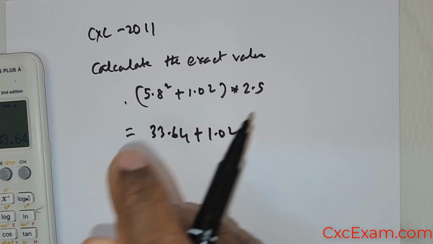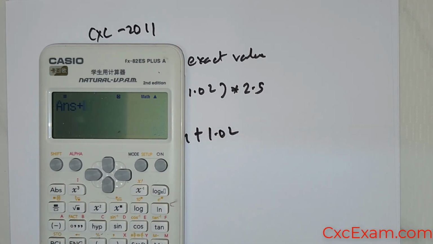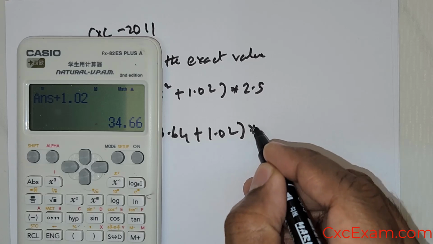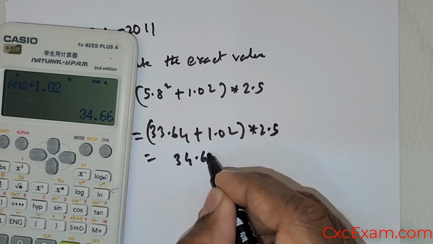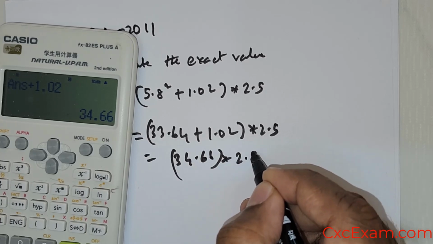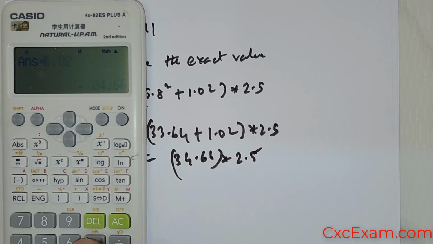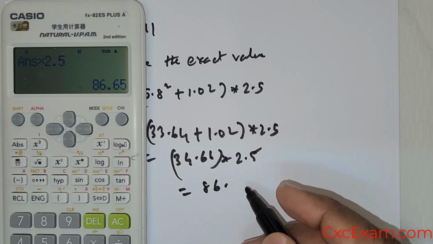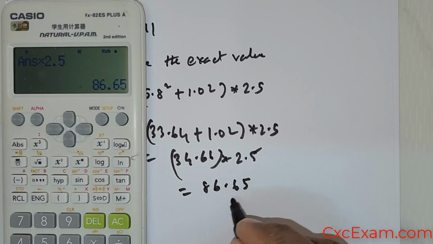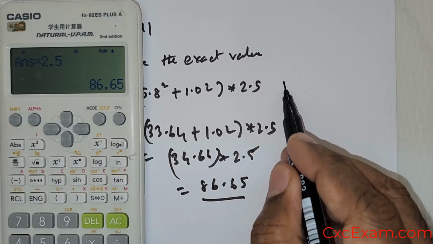Plus 1.02, that is giving you 34.66. Multiplied by 2.5, that is giving you 86.65. This is the answer.